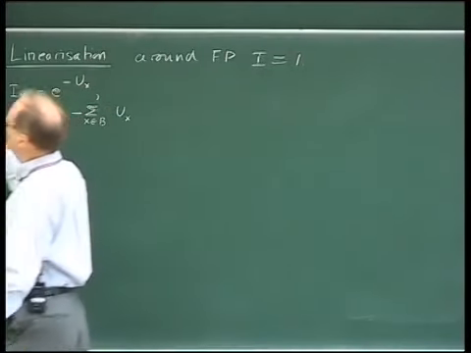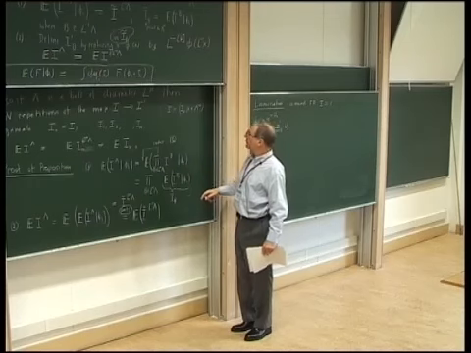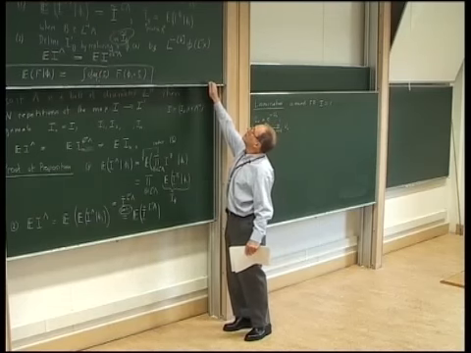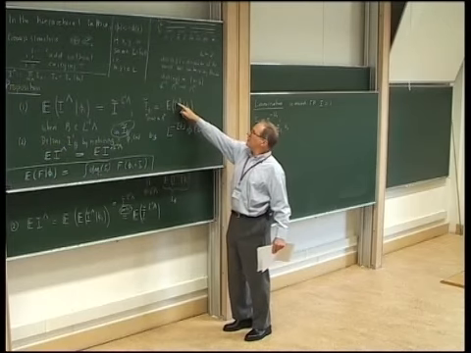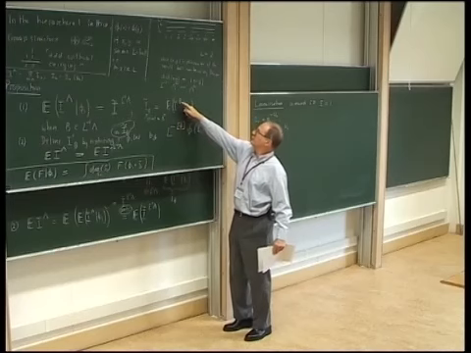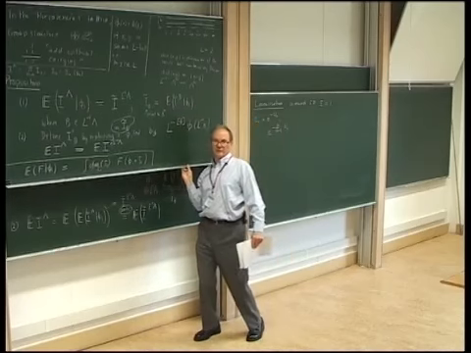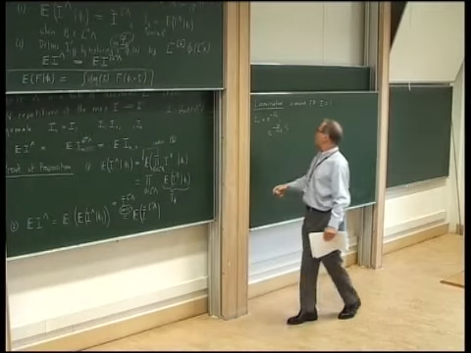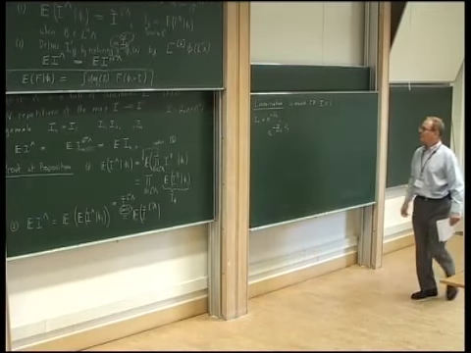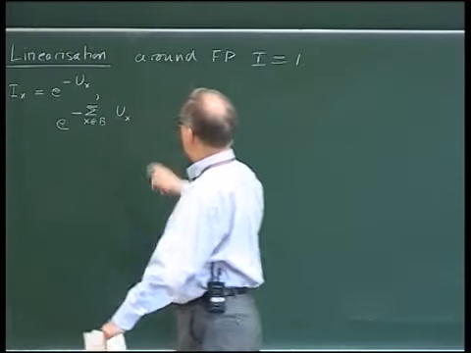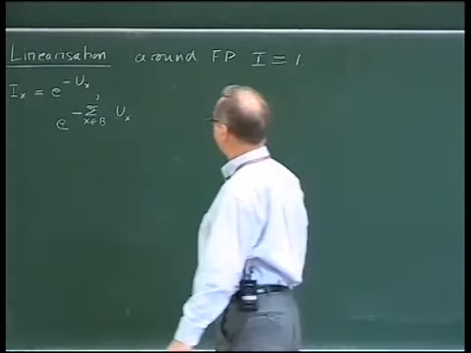Because I need to take a product of I's, and a product of I's is exponential of the sum of the logs of I's. So it's nicer to study the log when you're doing product operations. So we write it in terms of u. So we look at this sum.